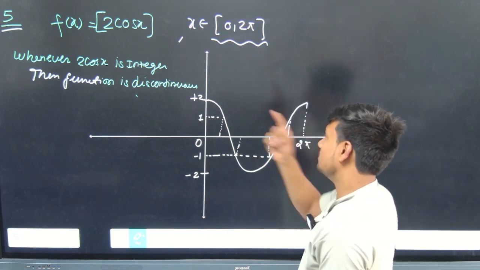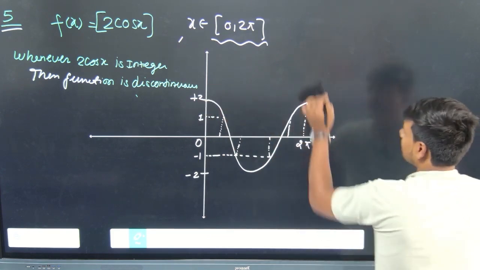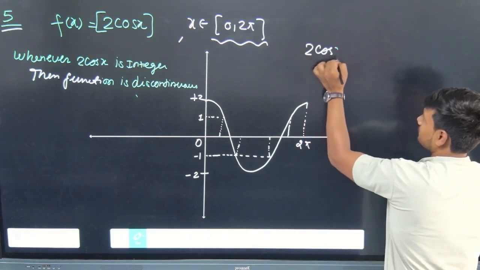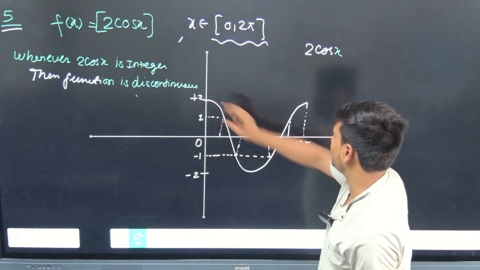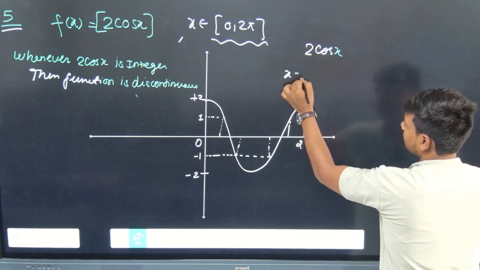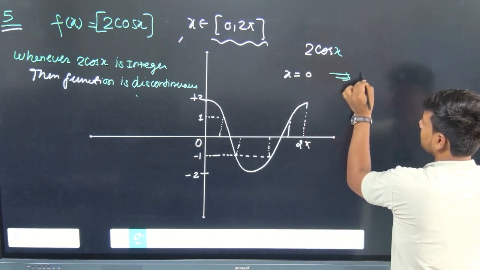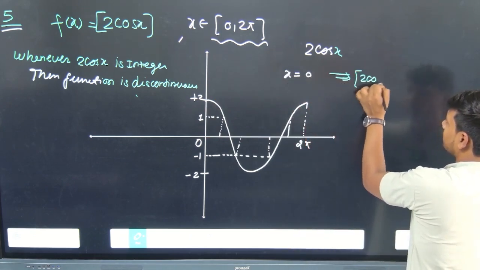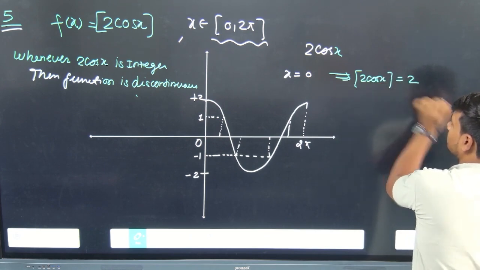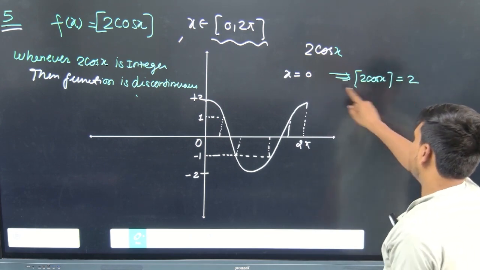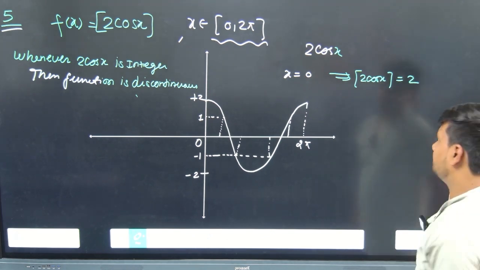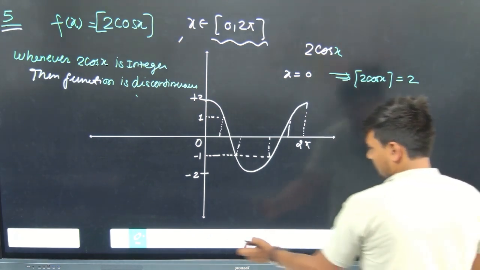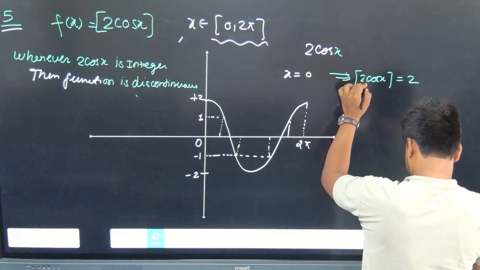Now 2 cos x: whenever we put x equal to 0, it will give 2. So for x equal to 0, 2 cos x will be 2 because it is an integer, right? At x equal to 0, cos 0 is 1, 2 times 1 is 2.